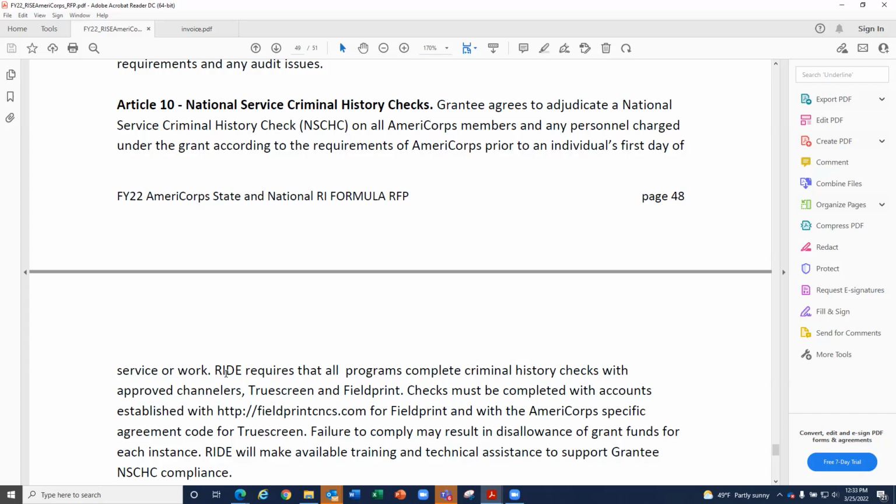If they are not Rhode Islanders but have applied from Connecticut, for example, to come and serve in Rhode Island, we have to do also a Connecticut background check. And we also do a public search of the National Sex Offender public website. We do this through TrueScreen and FieldPrint. And so that is something that you'll need to be prepared to take on.